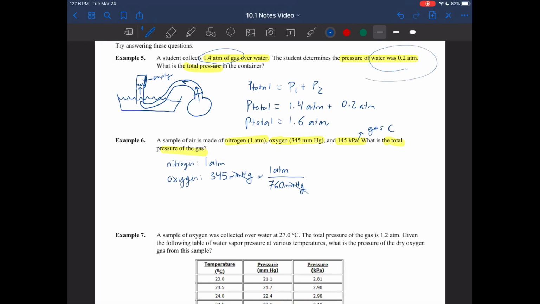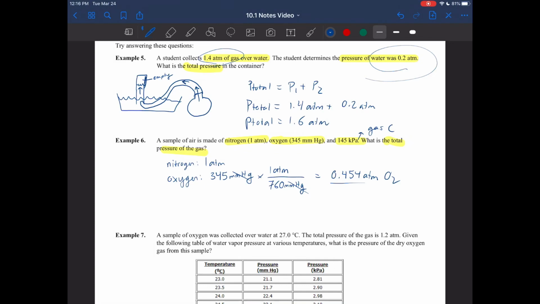So millimeters of mercury cancel out. We have to do 345 divided by 760. So let's do that. And I am getting about 0.454 atmospheres of oxygen for that partial pressure.